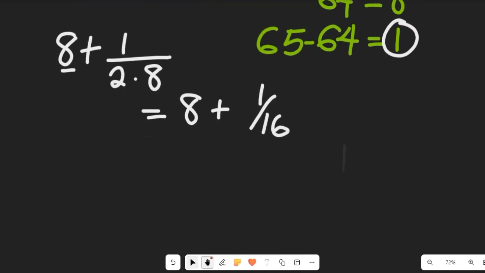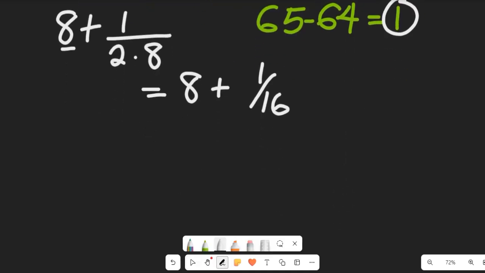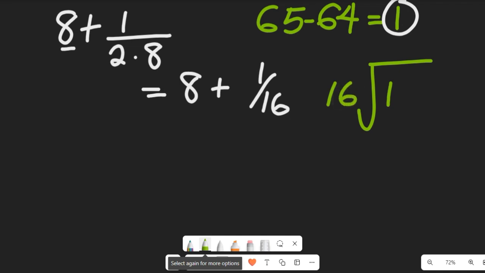So if we simplify this, what do we have? Let's take 1 divided by 16. 1 is inside and 16 is outside. 1 divided by 16 is not possible, so I'll have a 0 point and then add a 0. 10 divided by 16 is still not possible, so I'll put another 0. 100 divided by 16 is going to give me 6, right?